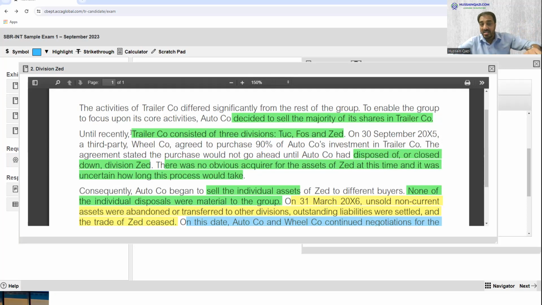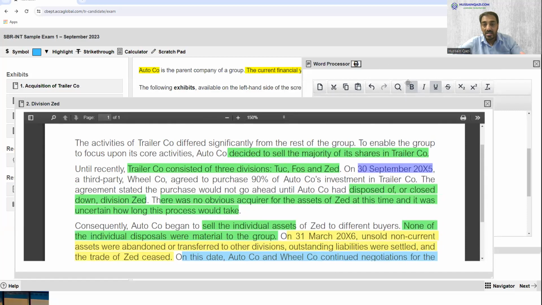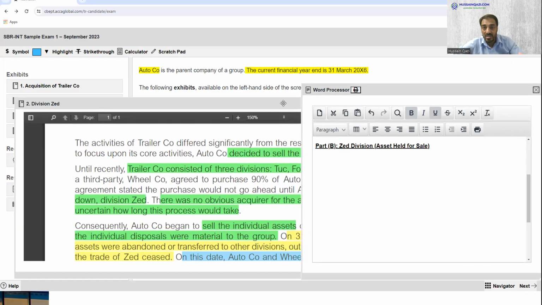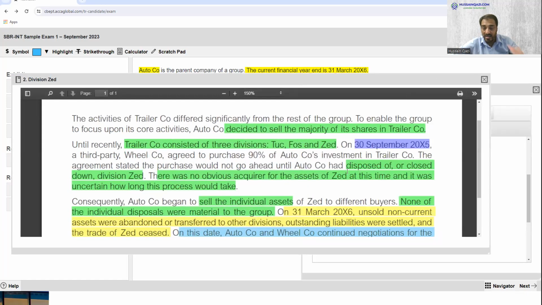Until recently, Trailer consisted of 3 divisions, Truck, Force and Z. The reporting date is 31st March X6, so it's the current year, during the year.